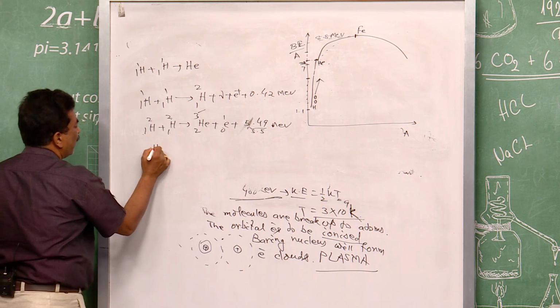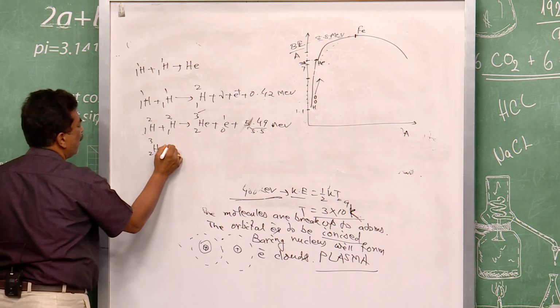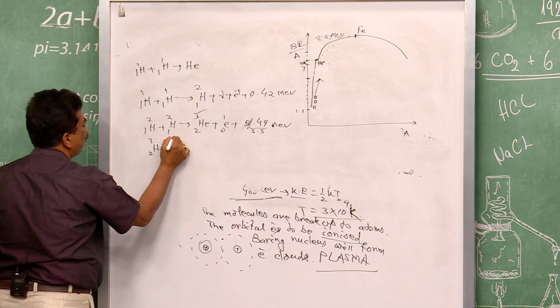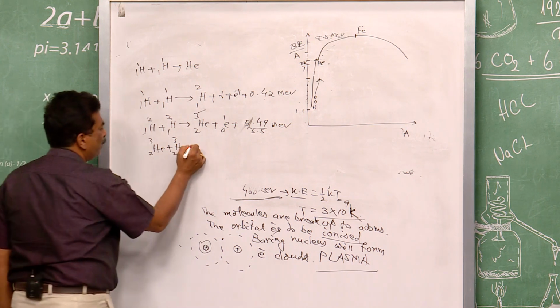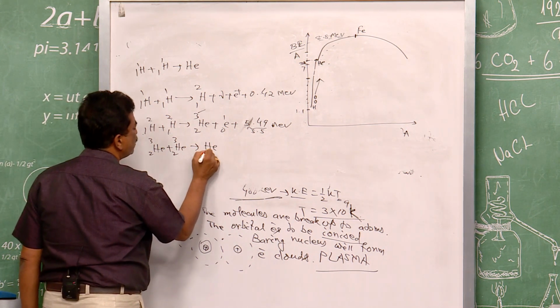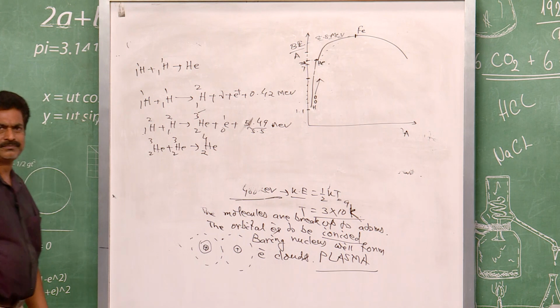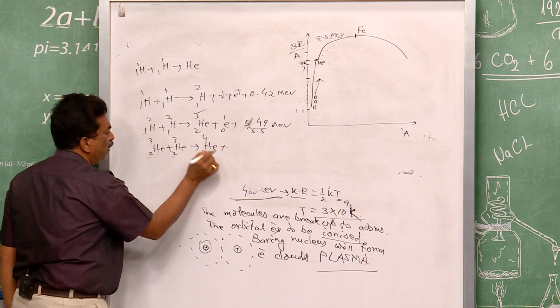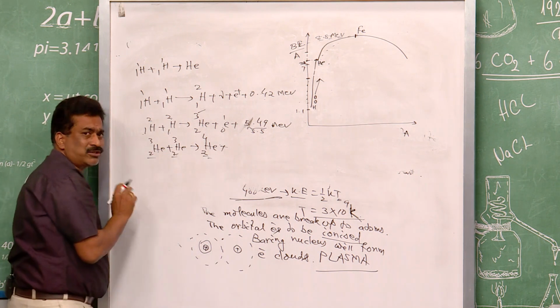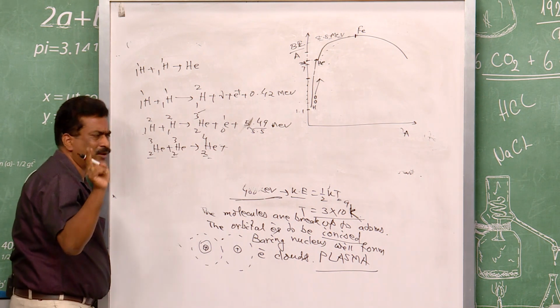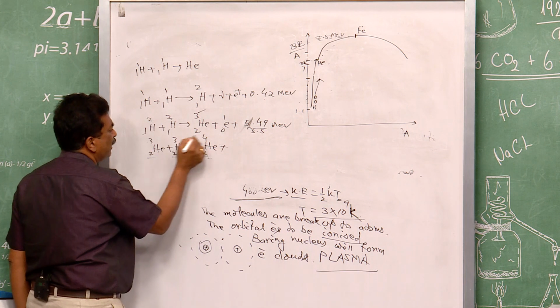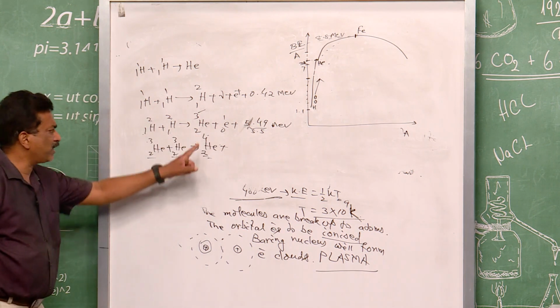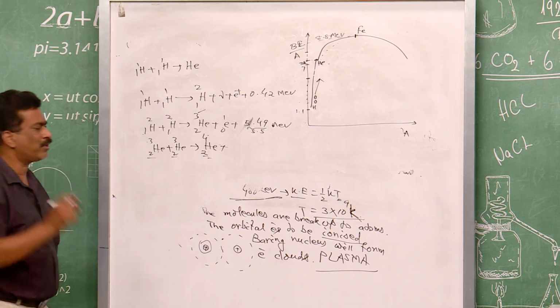Then this 2He3 plus 2He3 will give you 2He4. You see 2, 2 is 4, here it is 2, so 2 must be required on the right side. 3 plus 3 is 6, but here we have 4, so 2 more are required.